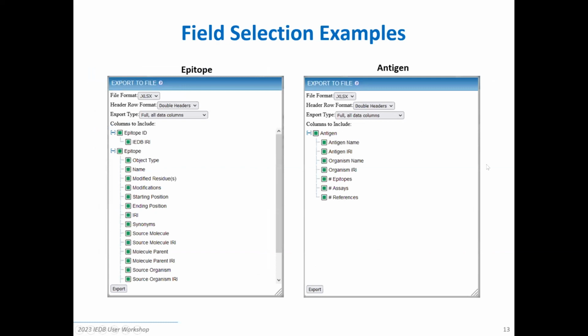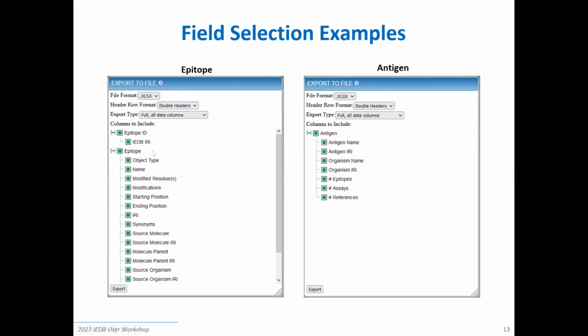So here's a quick example of all the different sections for the different tabs that we have that can all be exported. Each one is going to be different and have fields related to that particular tab. So you can see epitope was the one I was using as an example. We have the epitope ID section, and all of it in one field is the IEDB IRI.